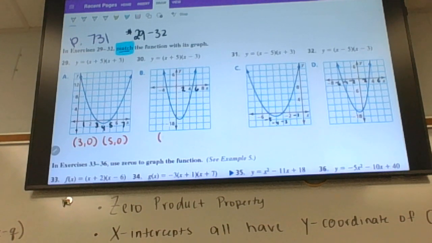This one has a point at (-3, 5). This one has a point at (-5, -3). So I kind of had to do that myself, matching it up. Figure out which ones are going by twos, which ones are going by ones.